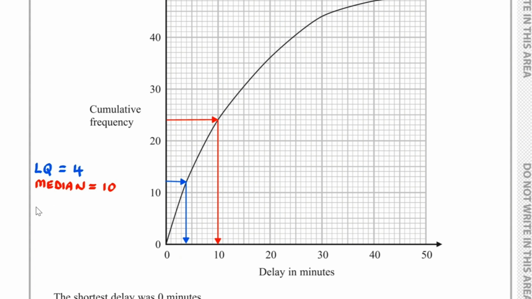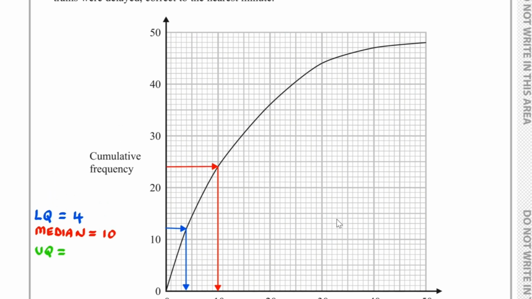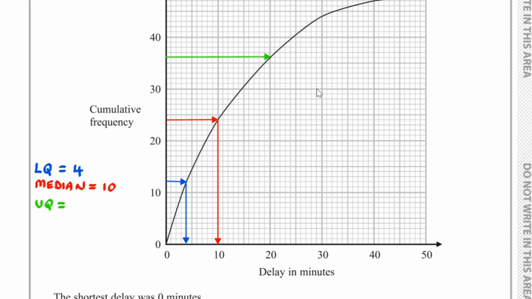And then I need the upper quartile. That will be 12 times by 3, or 3/4 of 48, which is 36. So I find 36 and then I read across and then I read down, and it turns out the upper quartile is 20.